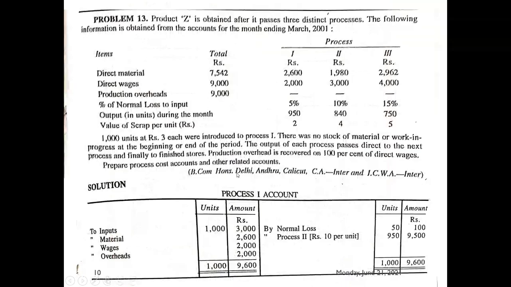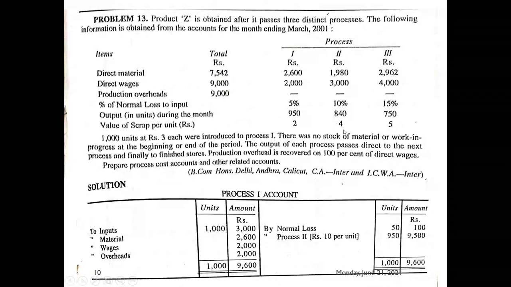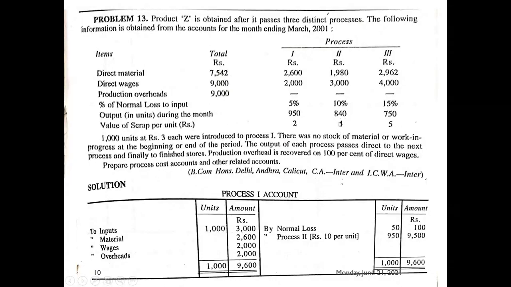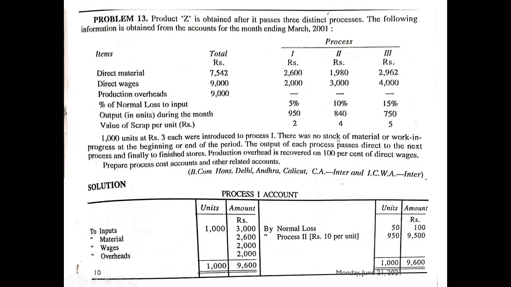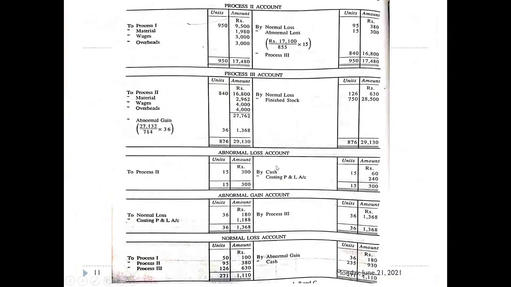Now you see from process 2 there will be scrap, how much? 400, that is rupees 4. That means our unit is how much? 15. We have to sell this amount. So after selling, we will get what? Cash. If it is a cash sale, then we write cash, or if it is credit, then debtors account.